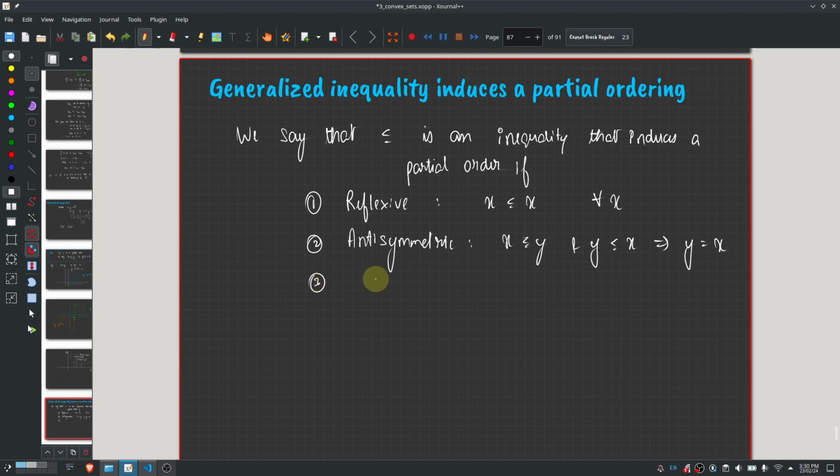And the third, it should be transitive, which means that x is less than or equal to y and y is less than or equal to z should imply that x is less than or equal to z.